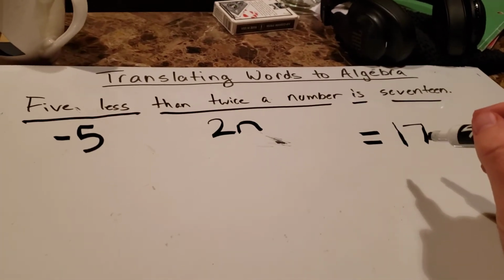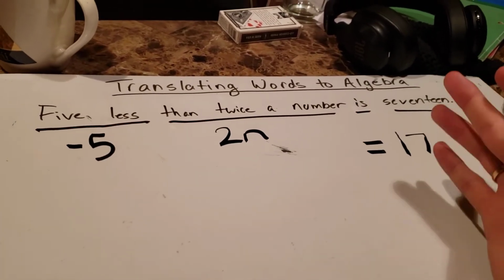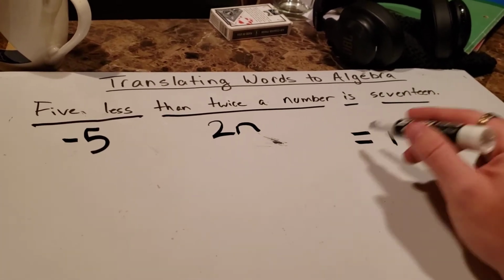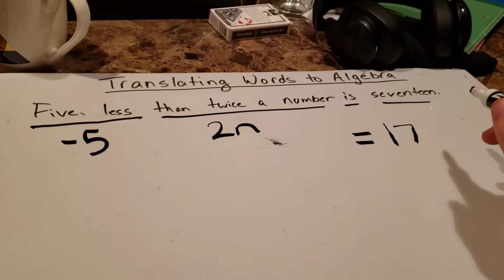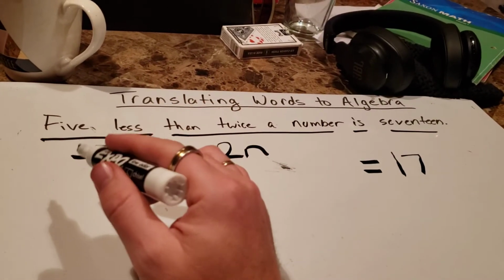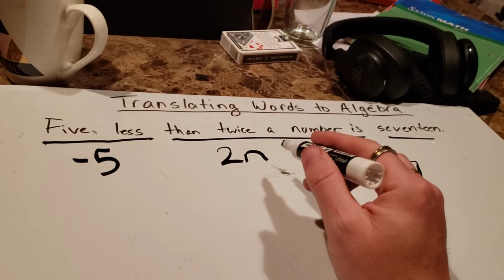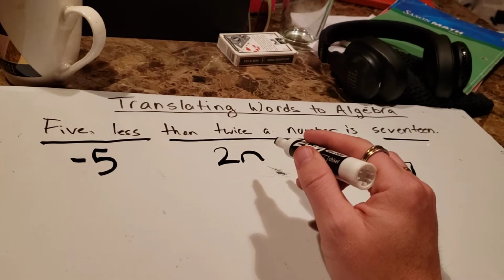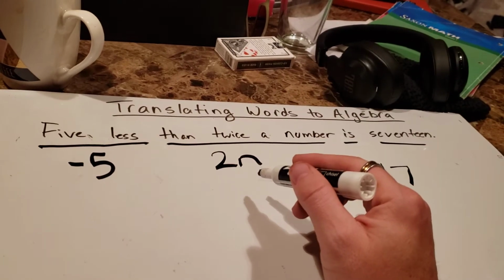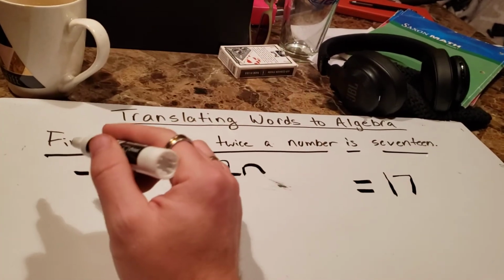Here's the tricky part, figuring out where these pieces go. We know equals 17. That is what it is. But now we got to figure out, okay, minus 5, 5 less, twice a number, 2n. But we're taking twice a number and finding 5 less than that.